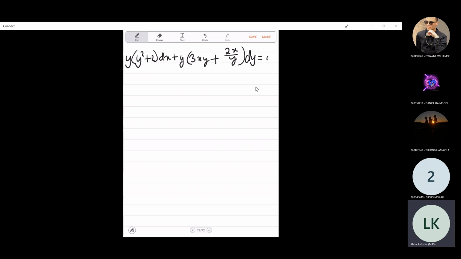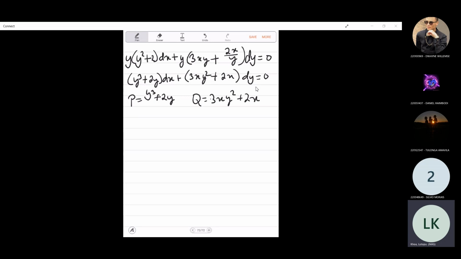This is 0. We have (y cubed plus 2y) dx plus (3xy squared plus 2x) dy is 0. Our p is y to the power of 3 plus 2y. Our q is 3xy squared plus 2x.